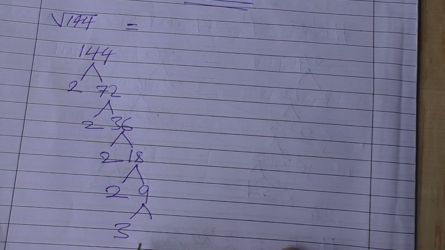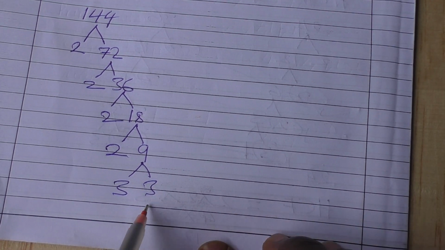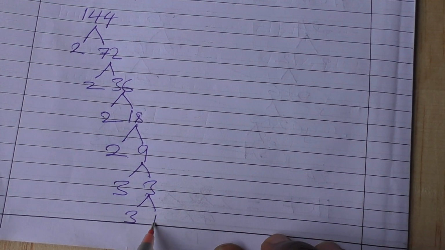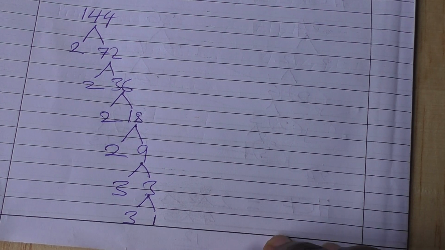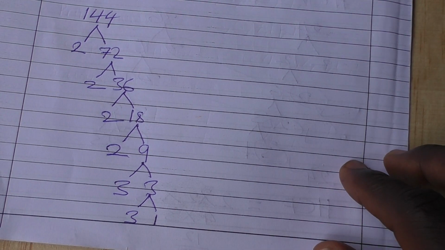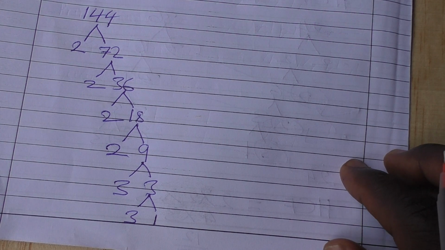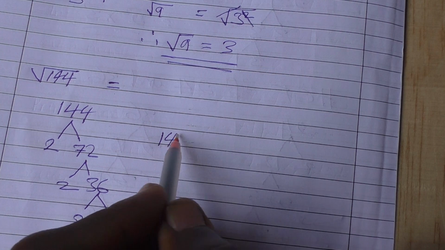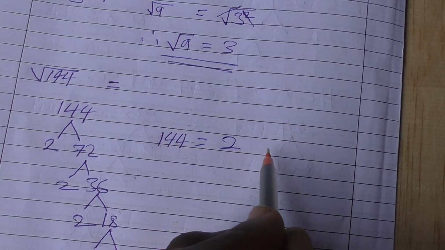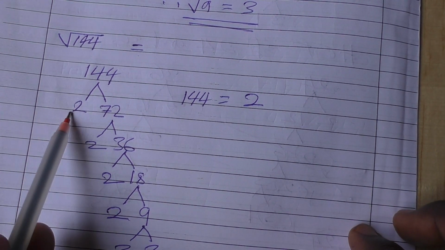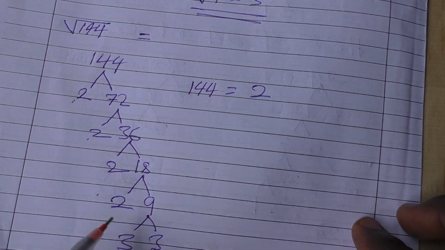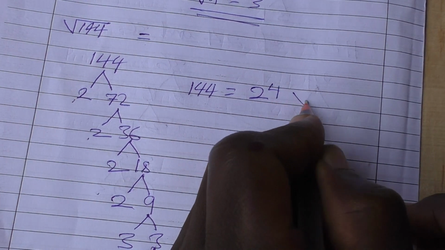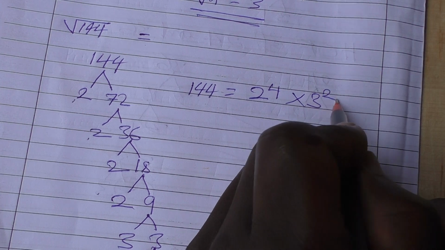Then by 3, 3. And by 3, 1. So giving us 144 equals 2. There are 4 twos, so that is 2 to the power 4 times 3 to the power 2.